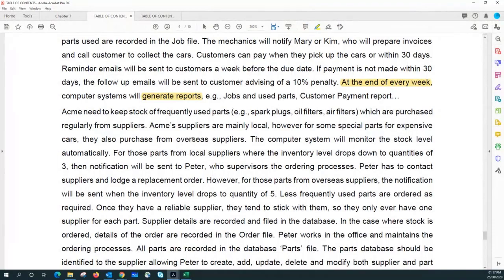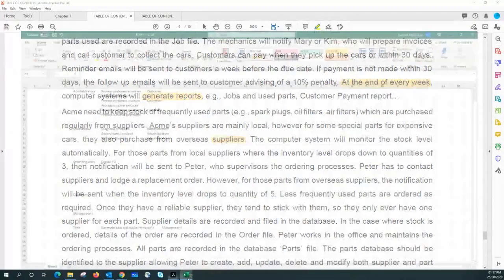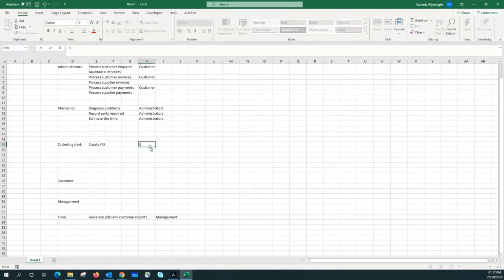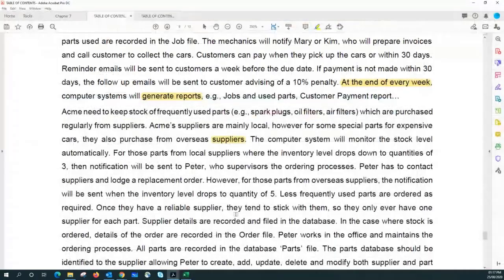Now there are 2 types of suppliers: overseas suppliers and local suppliers. But I will use one actor called supplier. So supplier is another actor now. That means when you create the purchase orders, the supplier can access it using the system, right? So probably I will use the supplier as a secondary actor here.